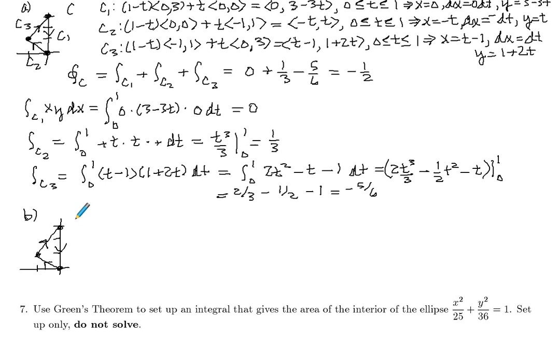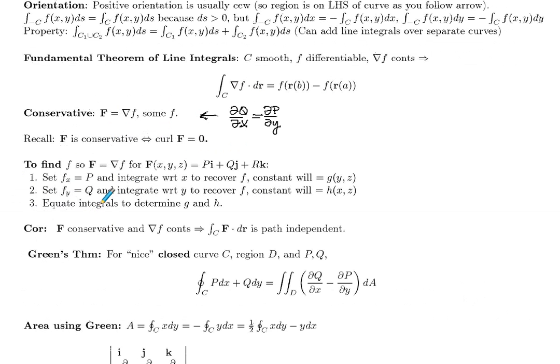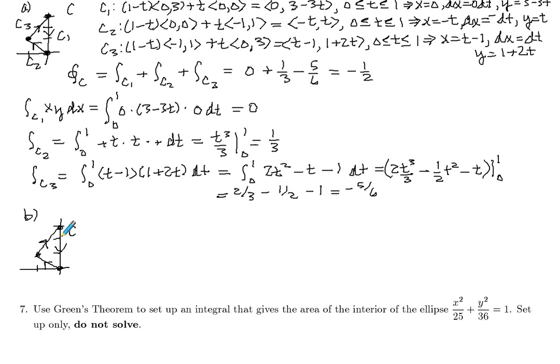So this is our curve C. Green's theorem is for nice closed curves and regions D, with P and Q, and this is positive orientation. It's got to be positively oriented in order for it to be equal to this right-hand side. So this curve has negative orientation.